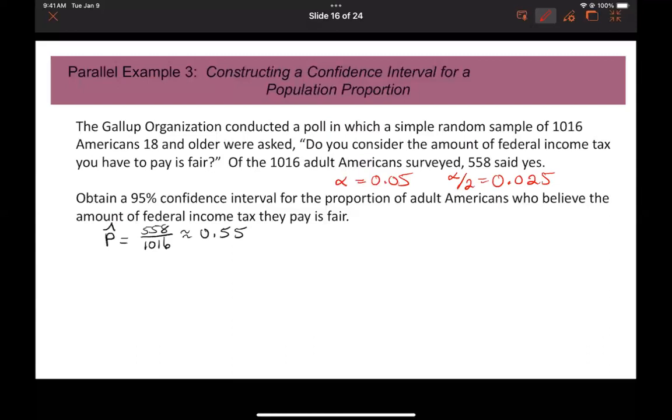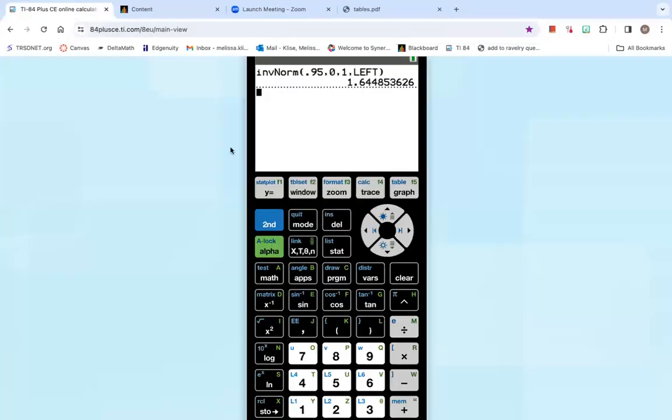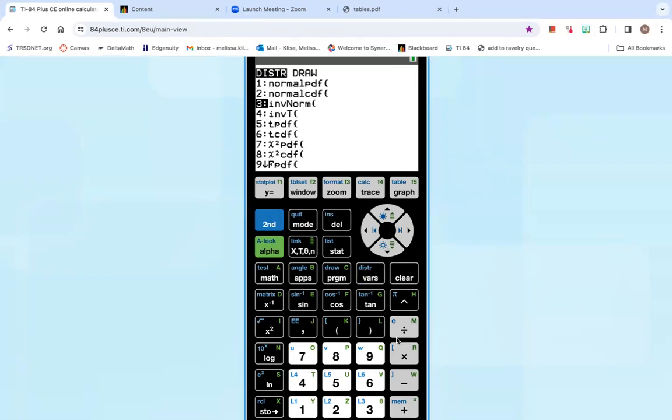Okay, let's do that. I'm going to do inverse norm. Oops, I hit the wrong button. So 0.975. There we go.